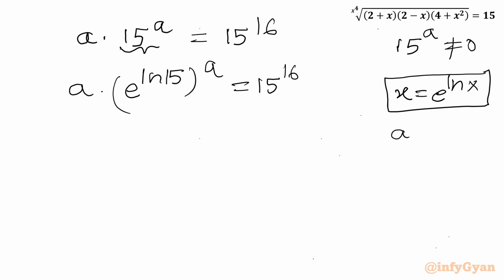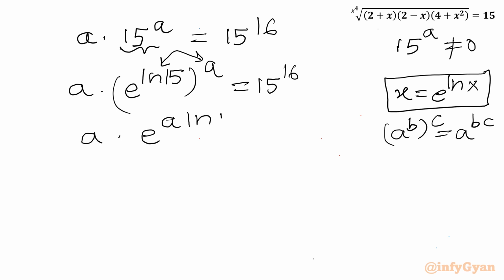Now using the exponent property, a to the power b whole power c can be written as a to the power b times c. So I will take the product in these two exponents. So a times e raised to the power a ln 15, and RHS will be 15 to the power 16.